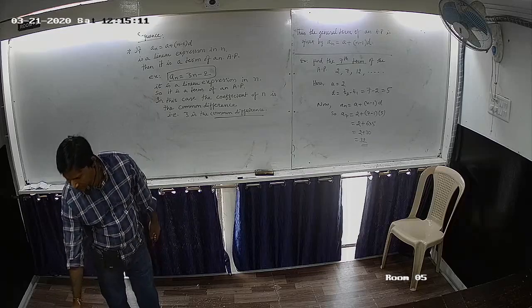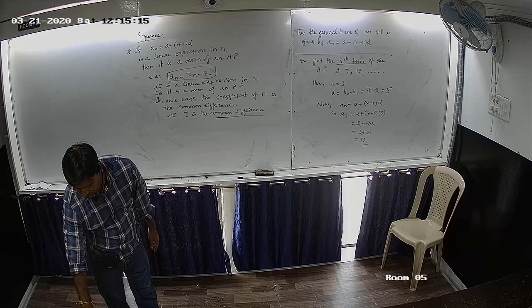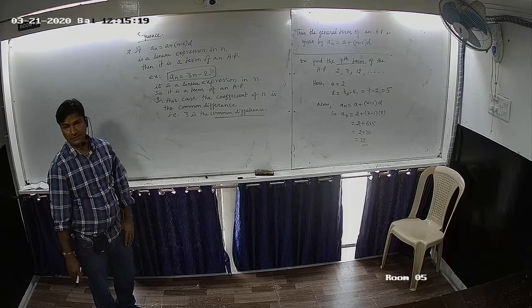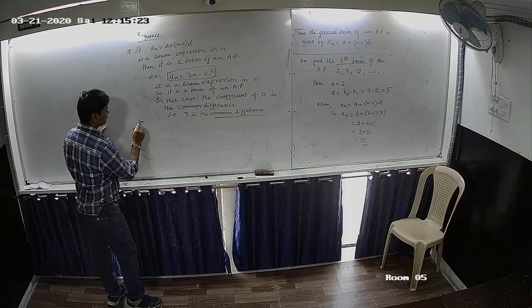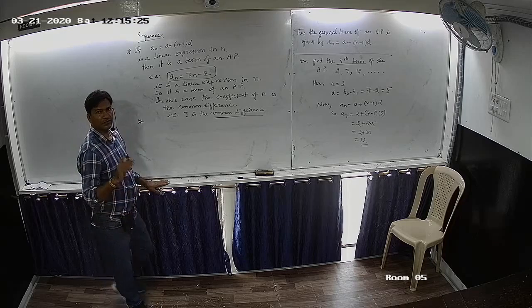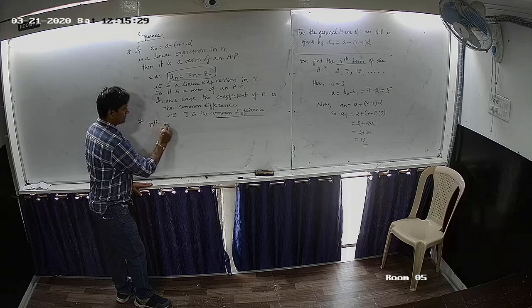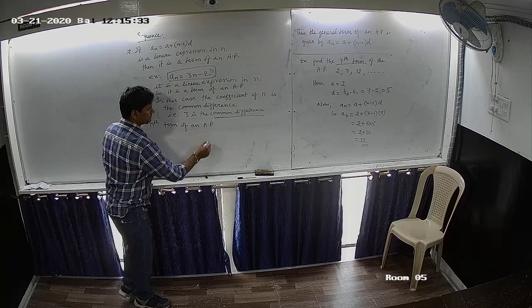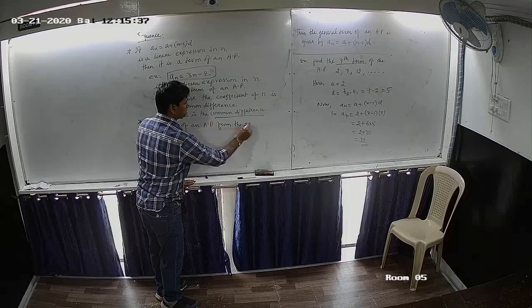Further, let us find out the nth term of an AP from the end. The rule to find out the nth term of an AP from the end. Nth term of an AP from the end.